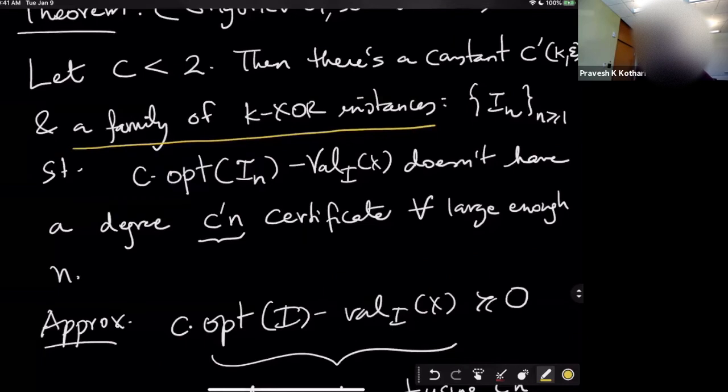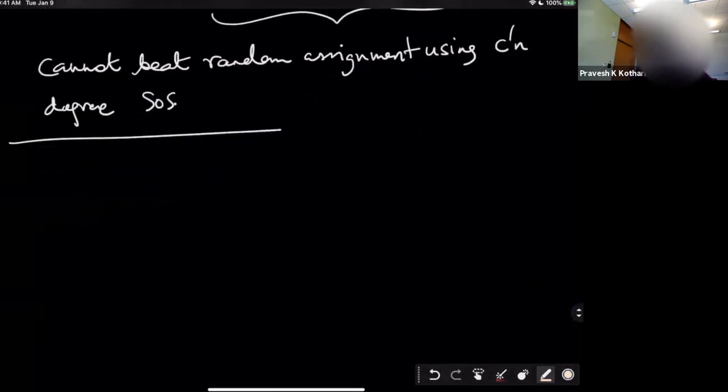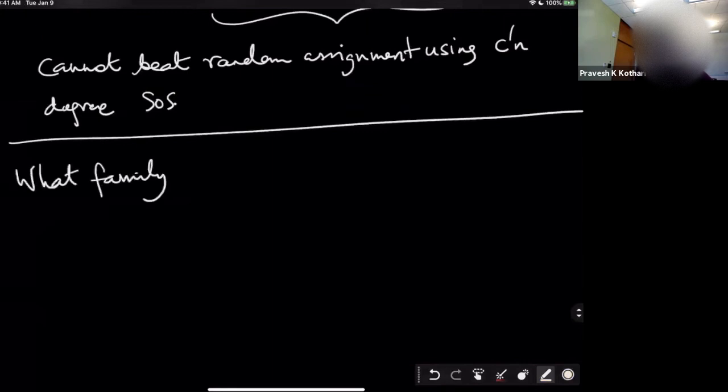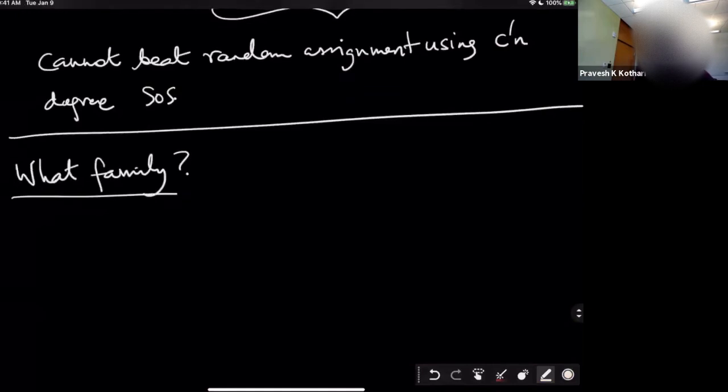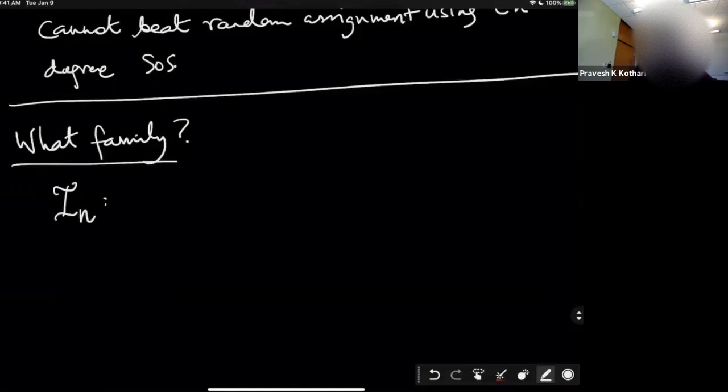Okay. So let's describe what this means a little bit more carefully. The point is that it's not some weirdo pathological construction that might follow from some gadget reduction from 3-SAT. It's going to be a very explicit family. So I have to describe to you a family of instances.